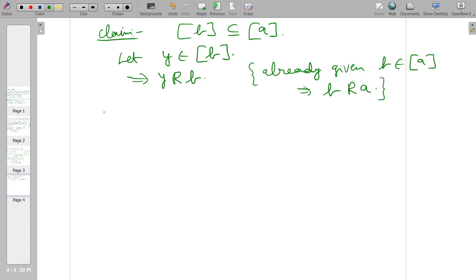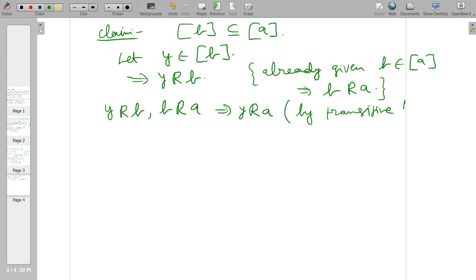So when I combine these two, Y related to B, B related to A, this implies Y is related to A by transitive property, because R is an equivalence relation.